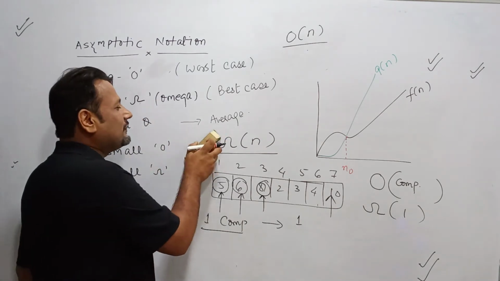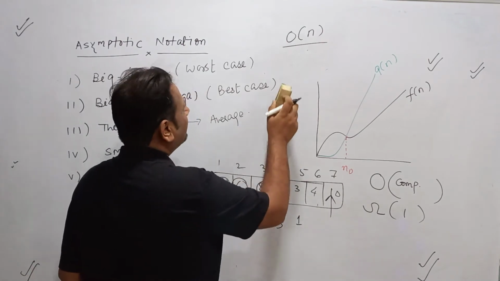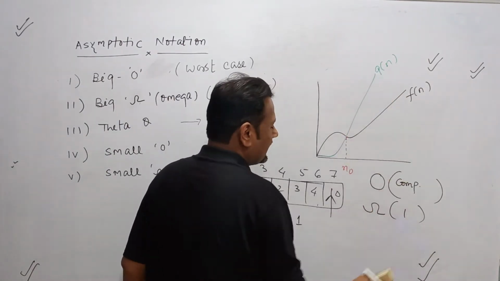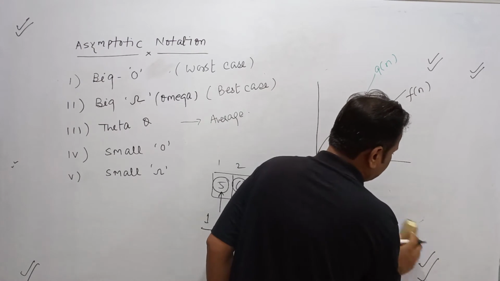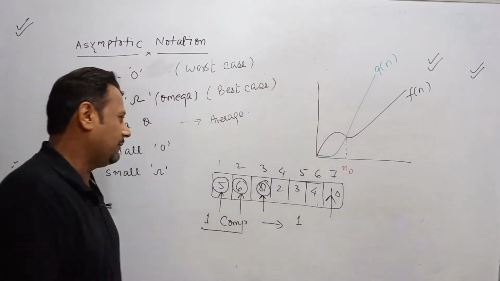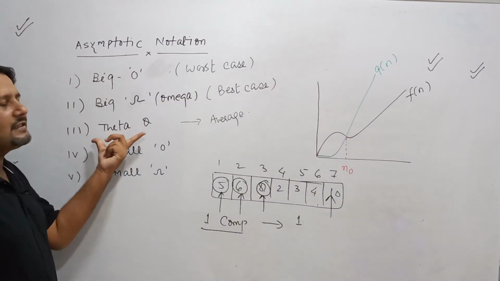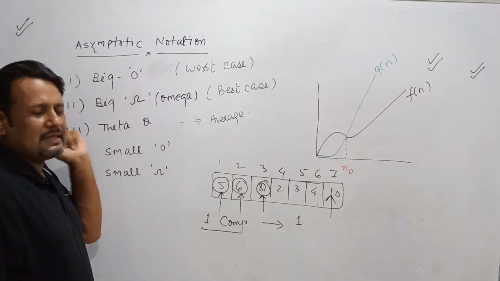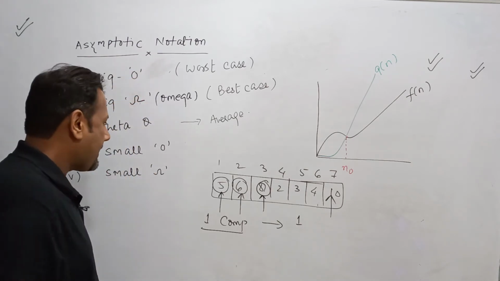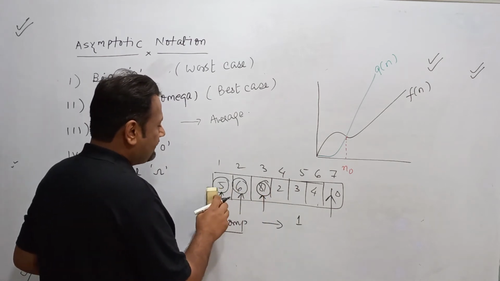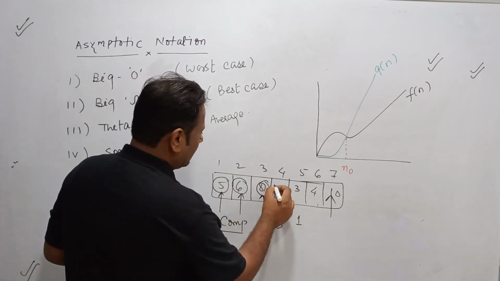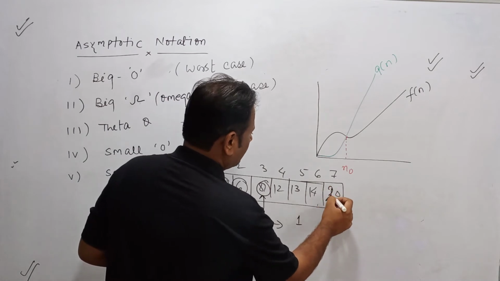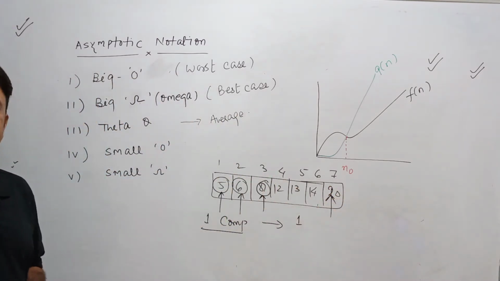Now, the third thing is very, very important because most people have confusion about it. What is average case complexity? See, this is just a notation for how to represent worst case and best case. Now, let us say I have an array where all the elements are already sorted.